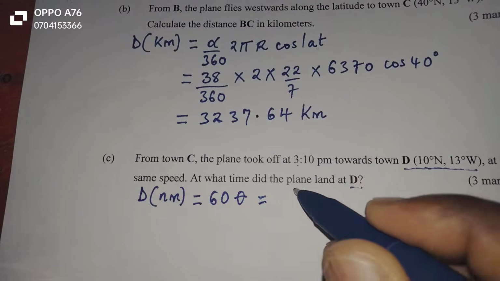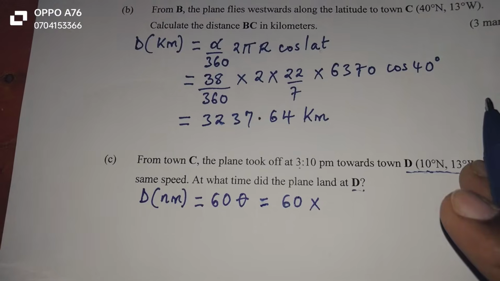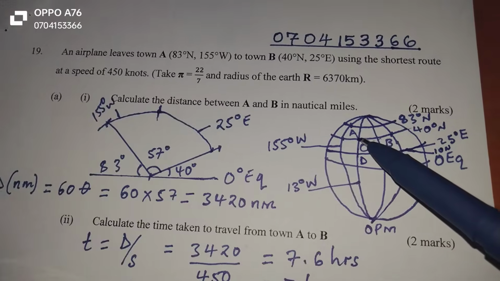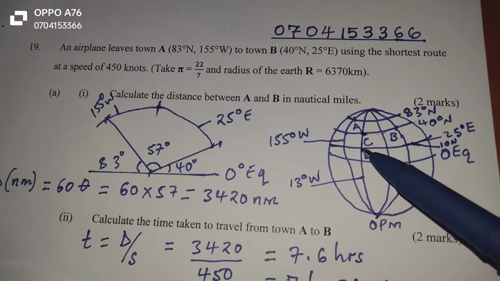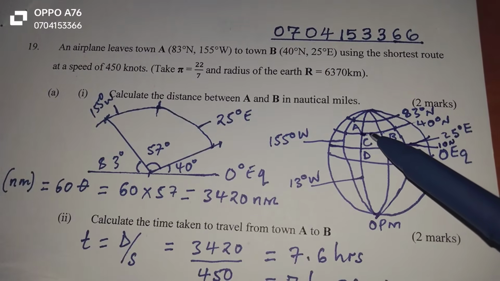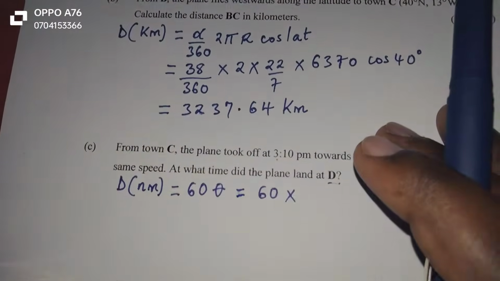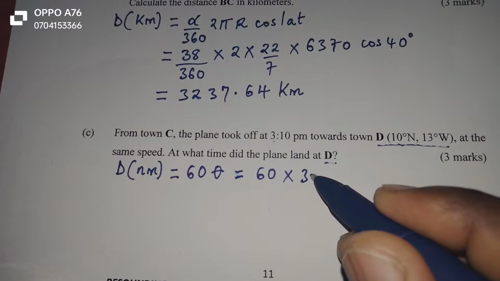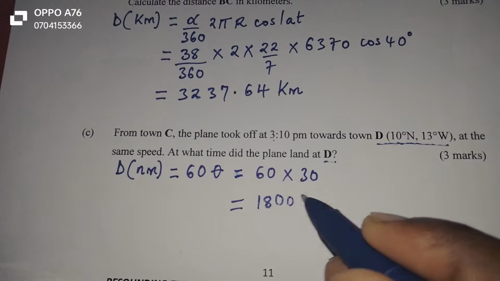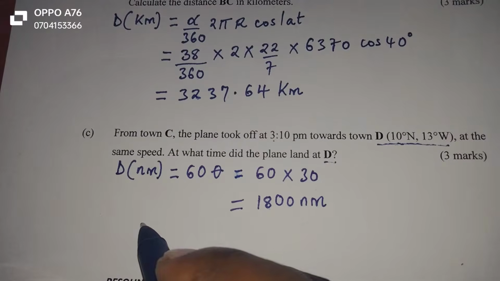So when we take 60, which is a constant, times an angle difference from 40 degrees north, remember C is 40 degrees north, down to 10 degrees still north, then it means there is an angle difference of 30 degrees. We have an angle difference of 30, and this is giving us exactly 1800 nautical miles. This one is now the distance, which means we can get time.